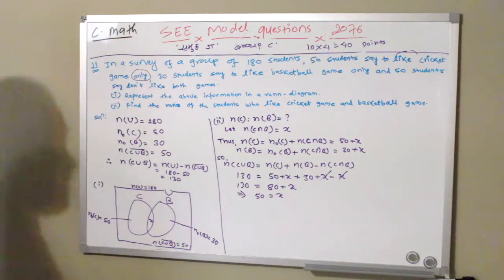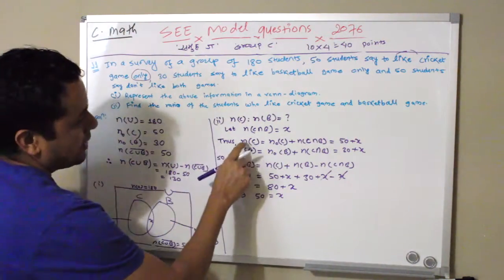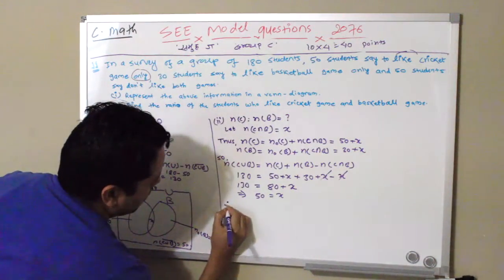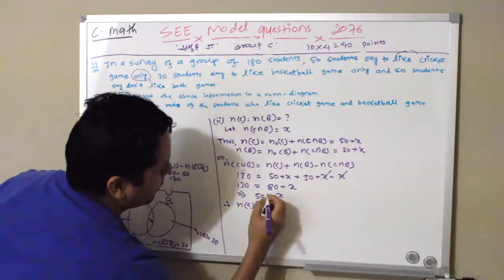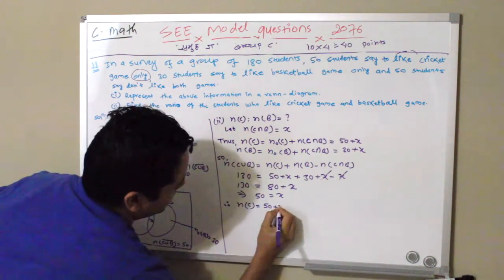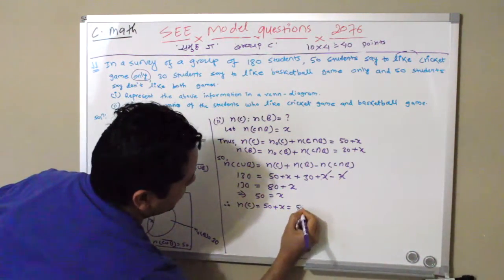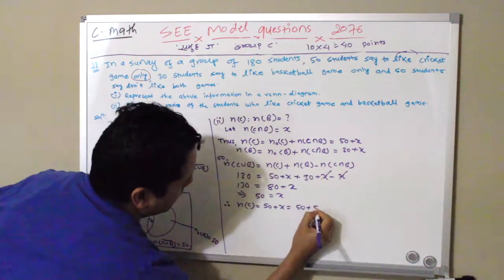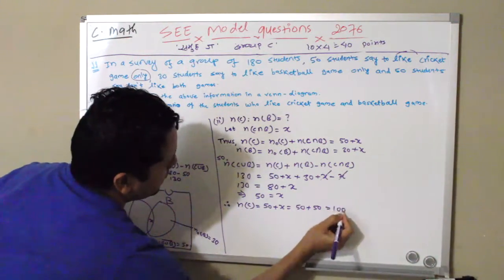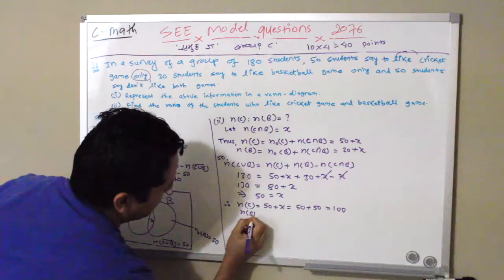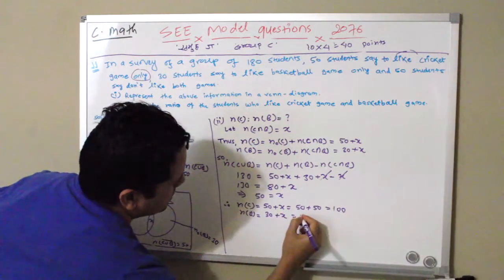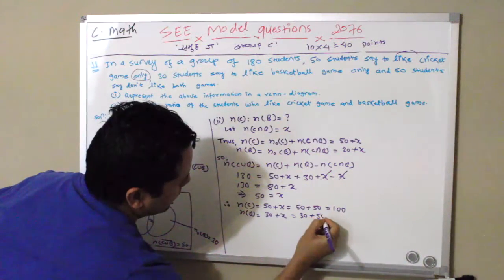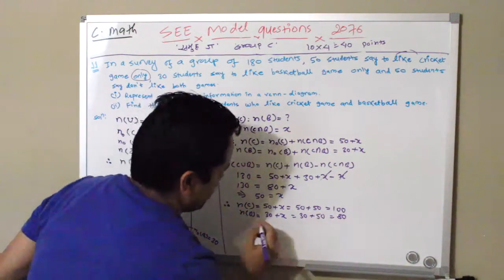Now this is not my answer yet. Number of C is 50 plus X, which is 50 plus 50, which equals 100. Number of B is 30 plus X, which is 30 plus 50, which is 80.